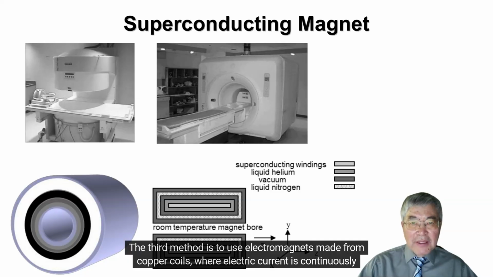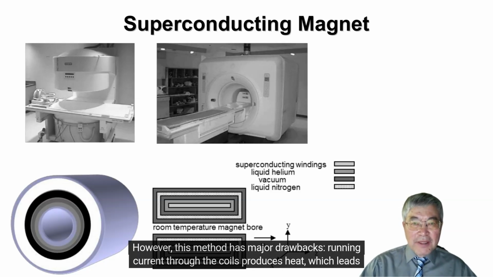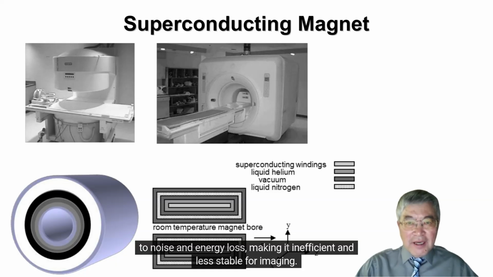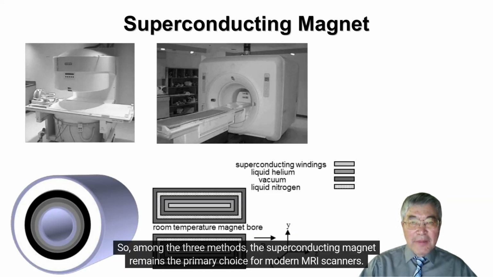The third method is to use electromagnets made from copper coils, where electric current is continuously injected to generate the magnetic field. However, this method has major drawbacks. Running current through the coils produces heat, which leads to noise and energy loss, making it inefficient and less stable for imaging. So, among the three methods, the superconducting magnet remains the primary choice for modern MRI scanners.